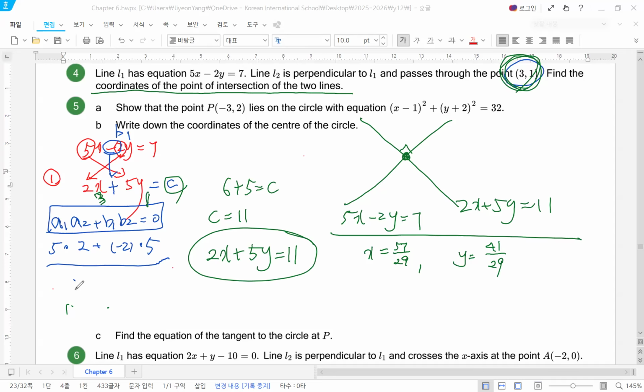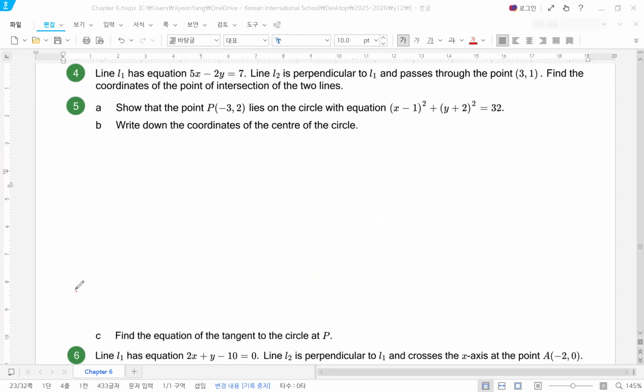Then question number 5, Ferdinand, please read it. The point P(-3, 2) lies on the circle with equation (x minus 1) squared plus (y plus 2) squared equals 32. Okay, students, this equation represents what shape? A circle.